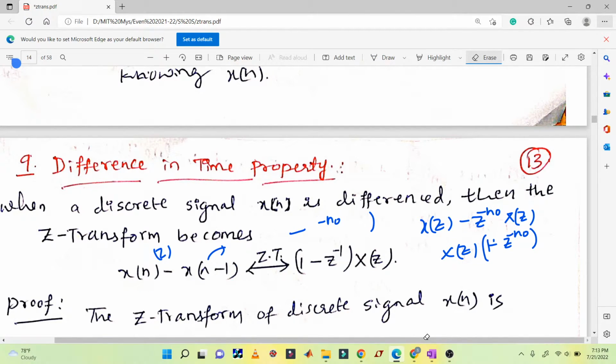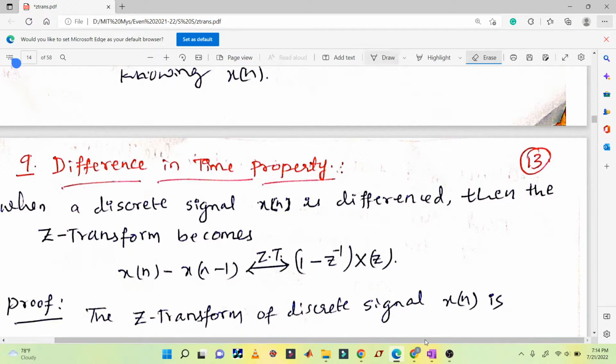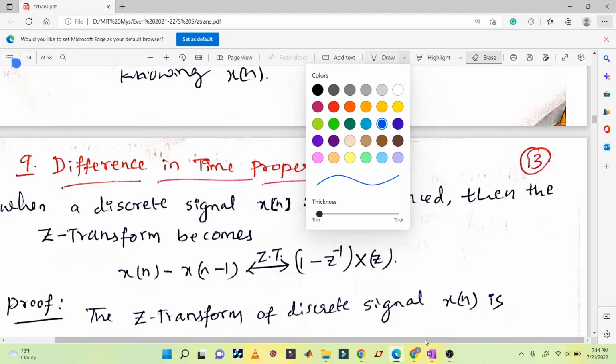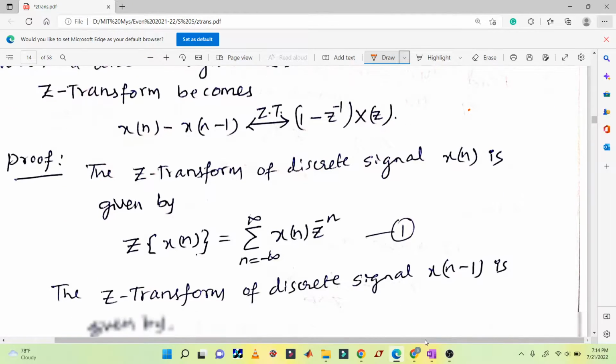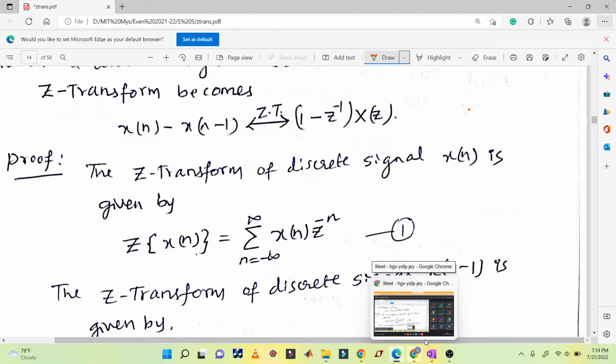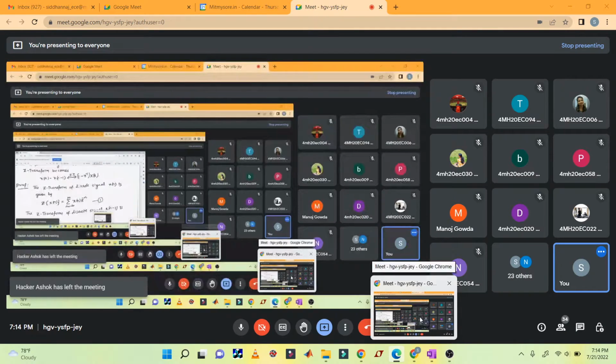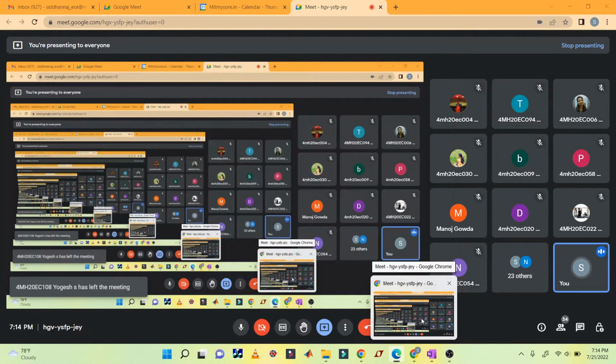Is it clear? Ritik, are you there? Ashok? Yogesh? I hope I am audible to all.